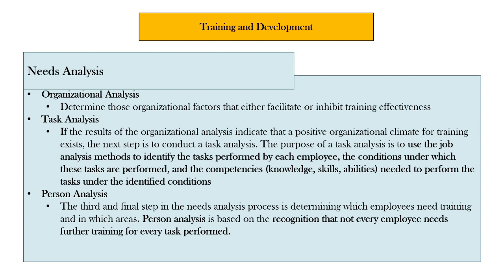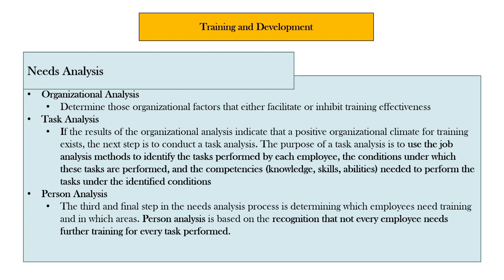Now we also have person analysis, which is the third and final step in the needs analysis process. It is a process wherein we determine which employees need training, and in which areas these employees need training. Person analysis is based on the recognition that not every employee needs further training for every task performed.